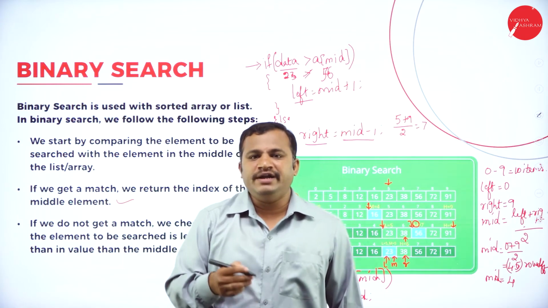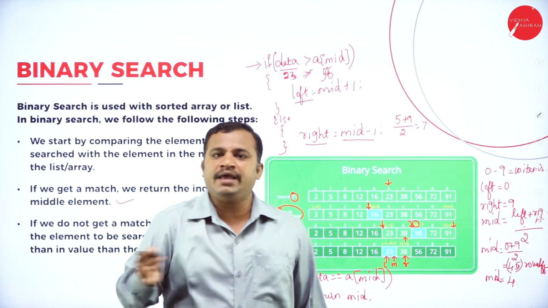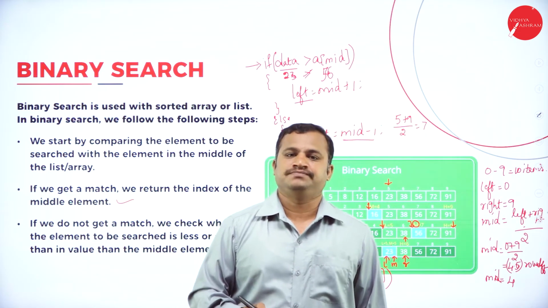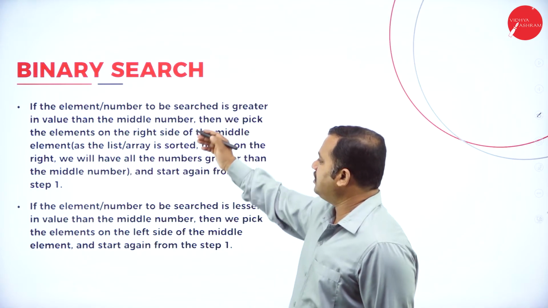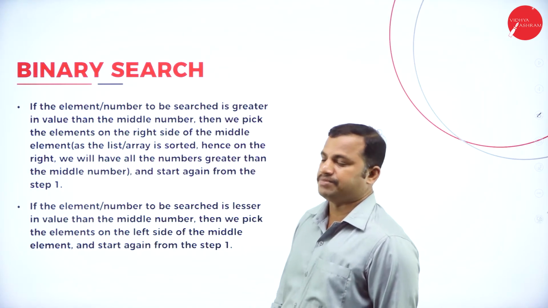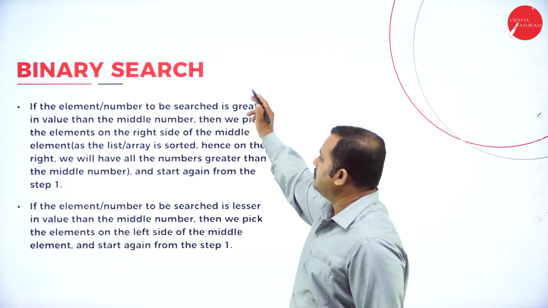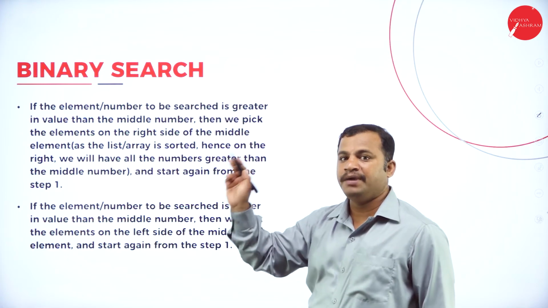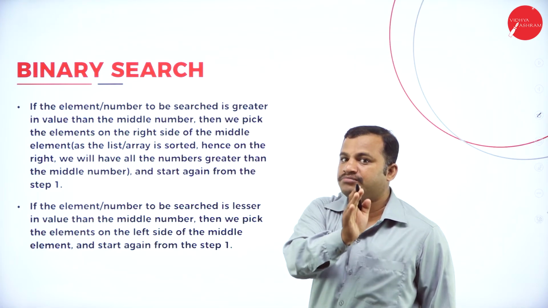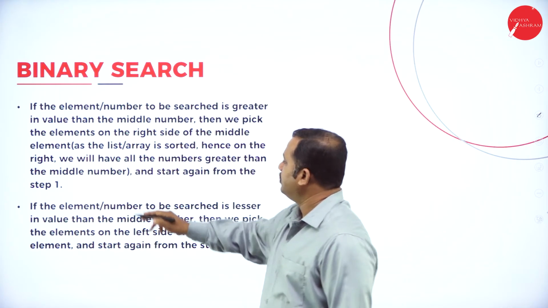So these kinds of iterative or recursive operations are performed on an array of sorted list. Now in this case, you shall see the binary search working principle. If the element or number to be searched is greater in value than the middle element, then we pick the leftmost parameter from the leftmost bit position to the mid plus 1 position.